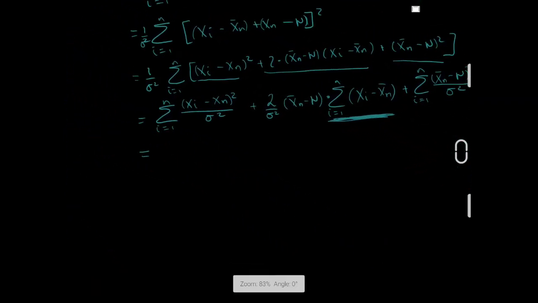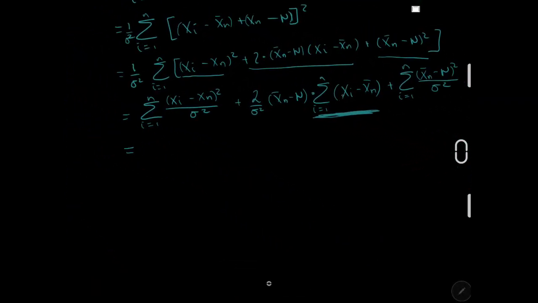So this whole thing is equal to 0, and because I'm multiplying by something, this whole term is equal to 0. So I'm just left with the sum from i equals 1 to n of xi minus xn bar all squared over sigma squared.